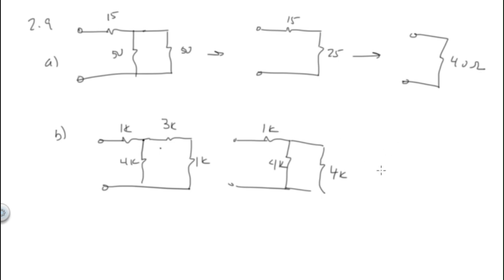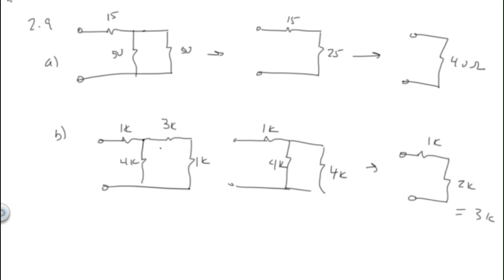Now I redraw again, and I have 1K up here, and I have 2K over here. And then I can redraw again if I want to, but I can see this is equal to 3K. So you crunch it down, combine these two, then you work that with this, and then you do that, and do this, and you keep doing it until you get it down to 1. That's B.